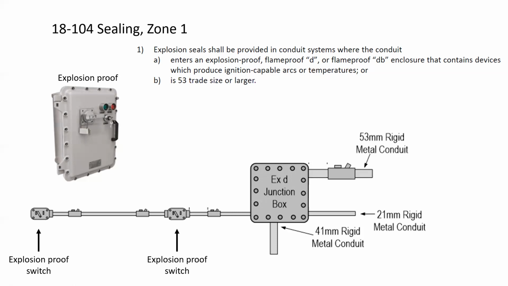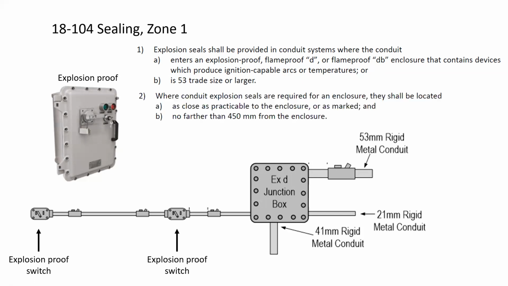This size of conduit does require a seal no matter where it happens to be installed on the explosion proof. So it says here, enters an explosion-proof enclosure which produces ignition-capable arcs or temperatures, or is 53 trade size or larger. So if it's 53 or larger, regardless, it needs to have an explosion-proof conduit seal on it.